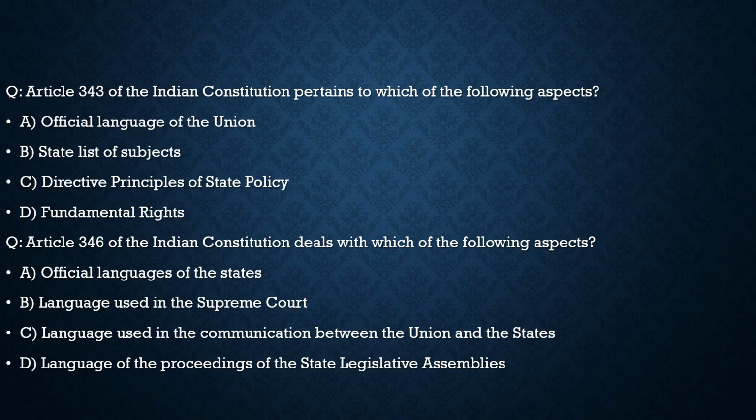When the Union and the states communicate, they usually communicate in Hindi. But if the state is non-Hindi speaking, then they will communicate in English. States communicating with each other would communicate in Hindi, and the same principle applies when they communicate with a non-Hindi speaking state. For them, they will communicate in English. So for question number 2, about Article 346, the correct answer is option C.